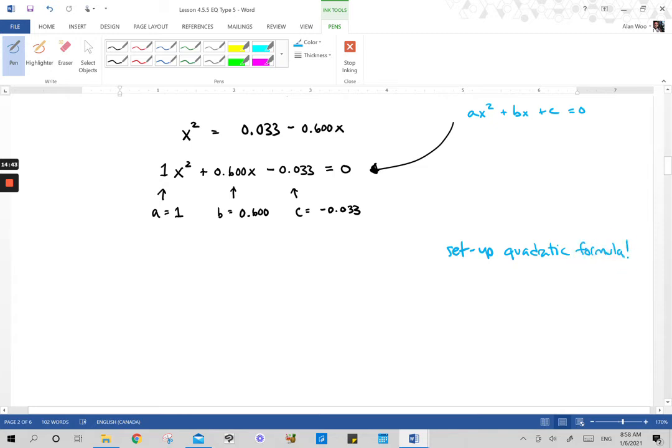Our quadratic formula is x equals negative b plus minus the square root of b squared minus all of 4ac, divided by 2a.